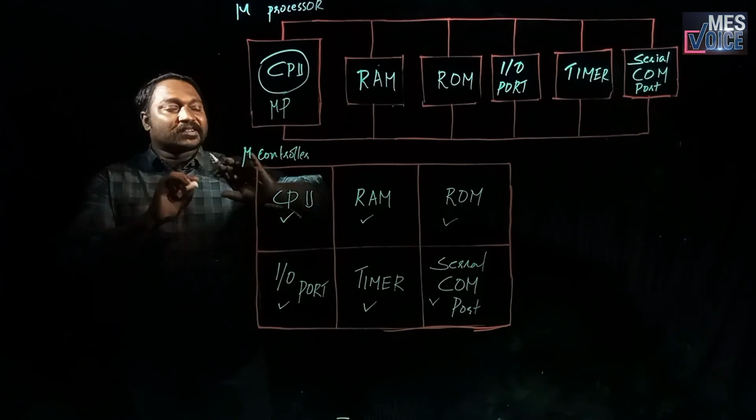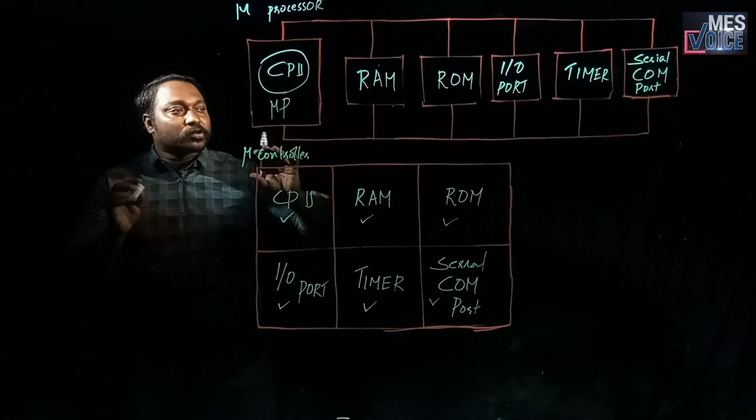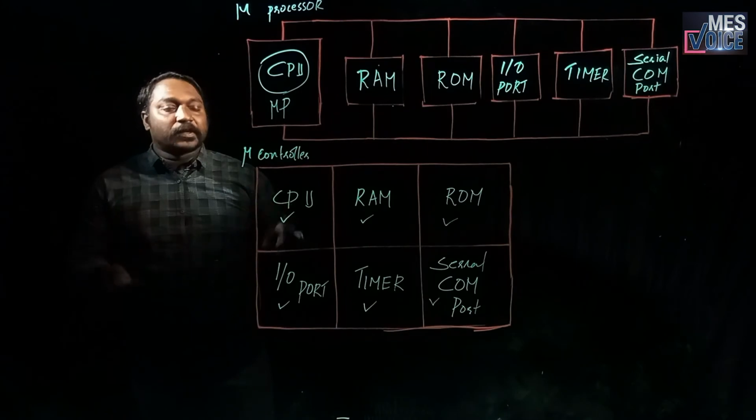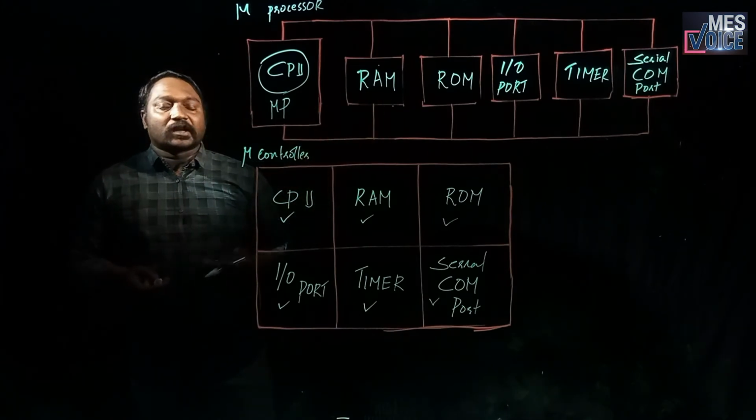In a microprocessor system, there is a lot of RAM, a lot of ROM, an infinite number of input-output ports that can be achieved, a lot of timers and serial communication ports.